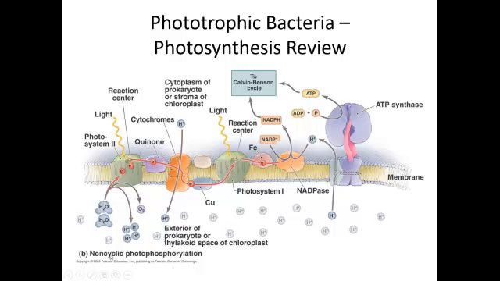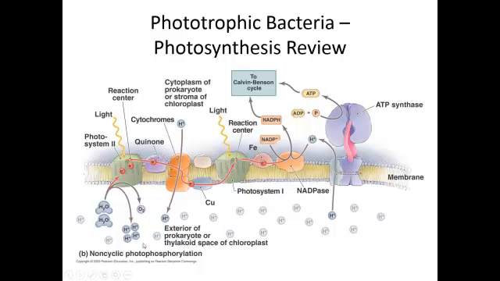So in non-cyclic photophosphorylation, light comes in and excites an electron in the magnesium of chlorophyll A. And the electron goes through an electron transport chain, eventually ends up in reaction center 2. Hydrogens are pumped from one side of the thylakoid membrane to the other side. Then this electron gets passed on. Eventually the terminal electron acceptor is NADP+, goes on to become NADPH, which goes on to the Calvin-Benson cycle.